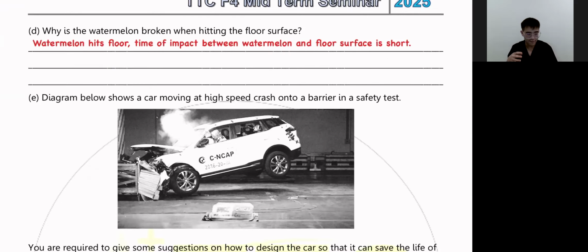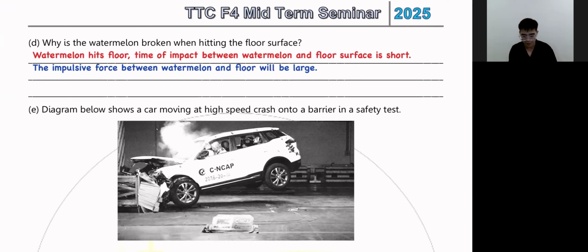So for a very short moment, the watermelon stops immediately. So then the impulsive force will be greater, right? The impulsive force between the watermelon and the floor will be large. Or you can also write it's large. It will be large because the time taken is short.